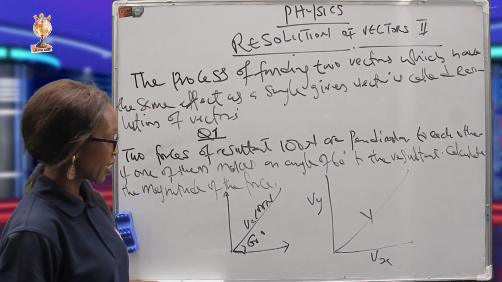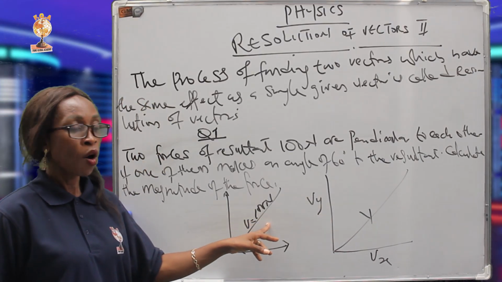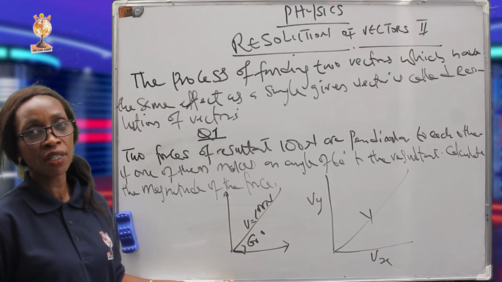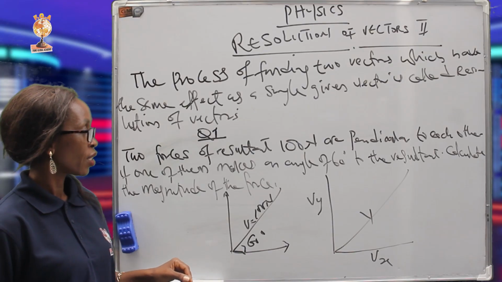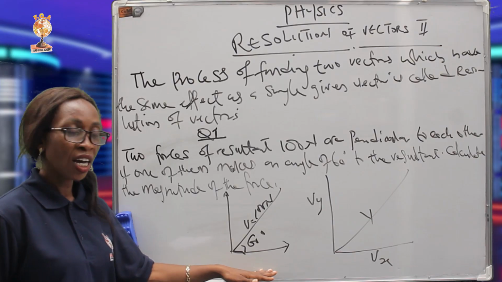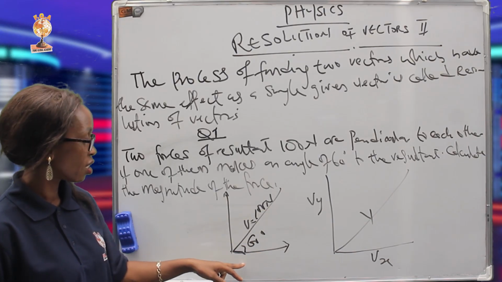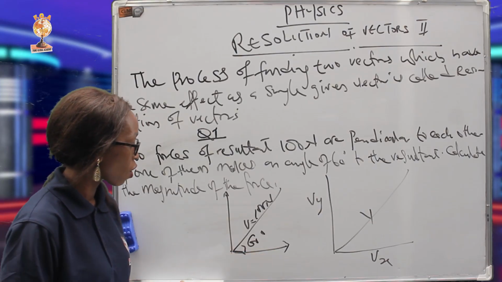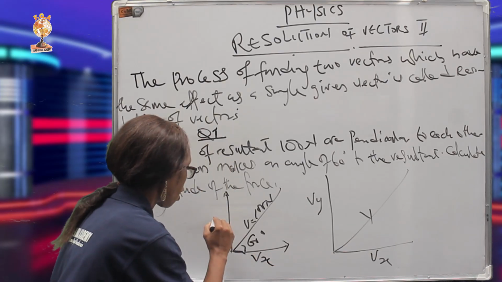Now, in this case, the resultant V is already given, but the magnitudes were not given. So I am asking now to find the magnitude on the side of the x, which is carrying the 60 degrees. Find the components at this coordinate, the x coordinate or the y coordinate, let's say Vx and Vy.